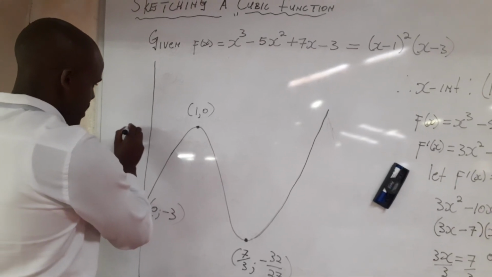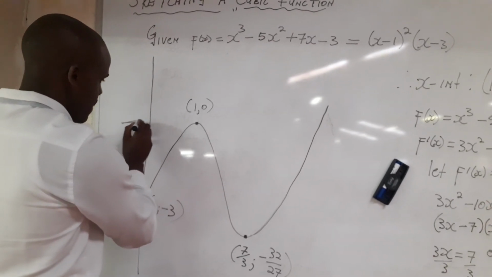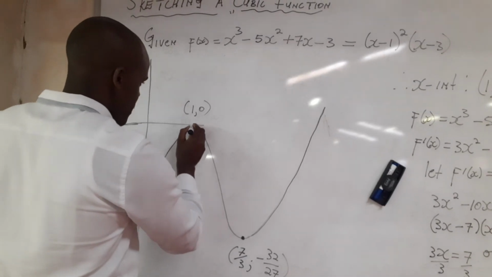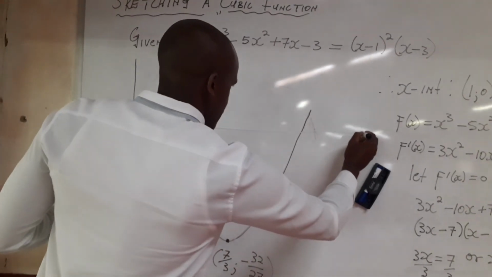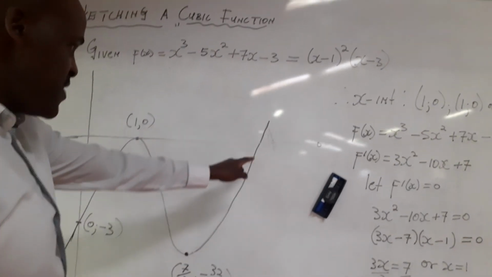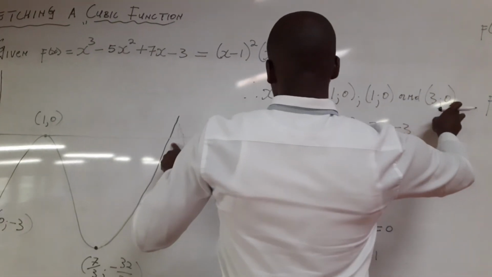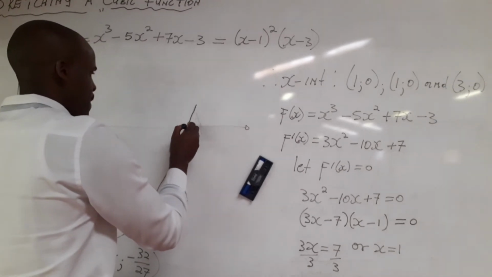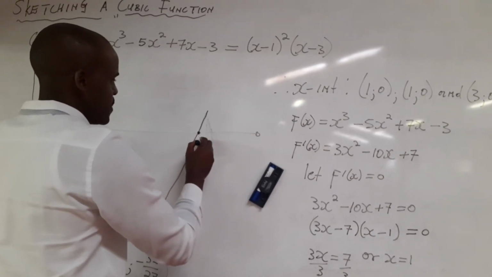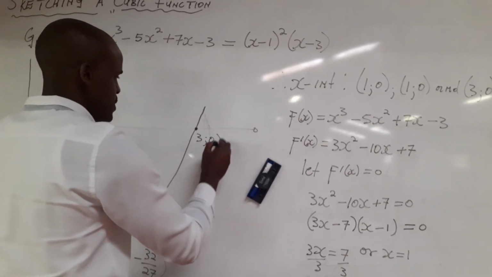Let's write that the x-axis passes through there. And then we are to write this x-intercept, (3, 0), here.